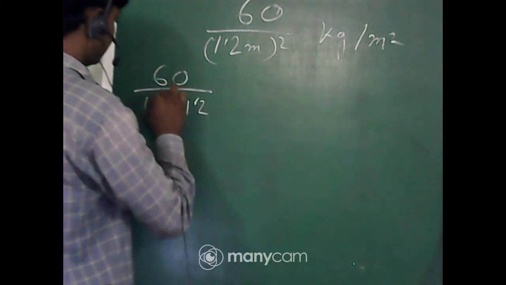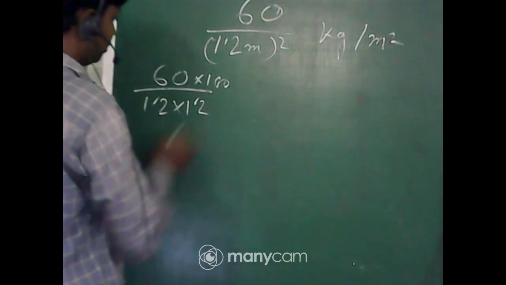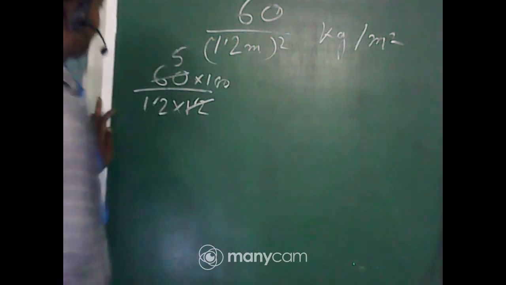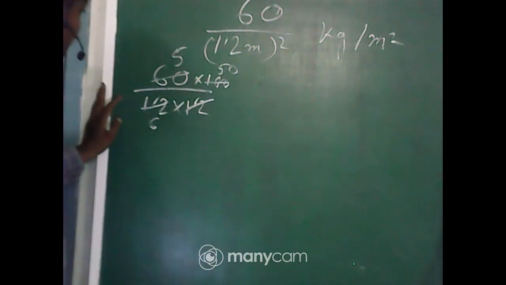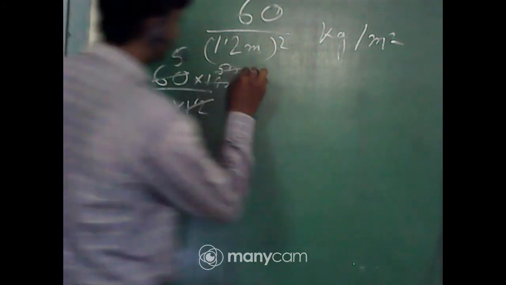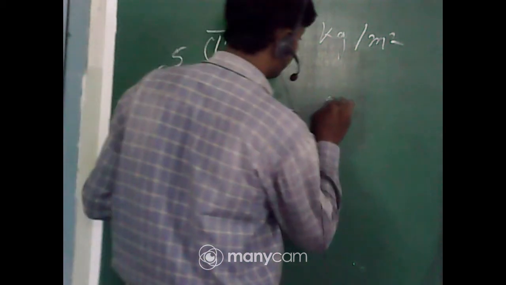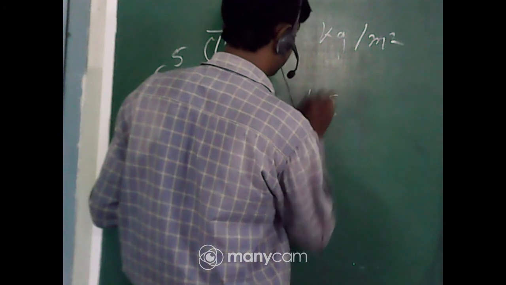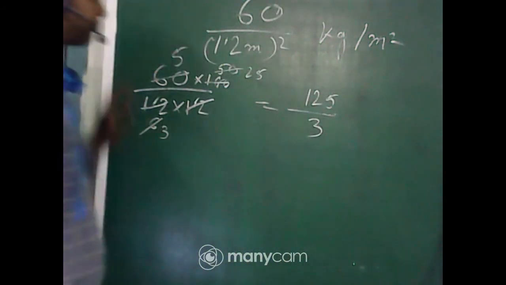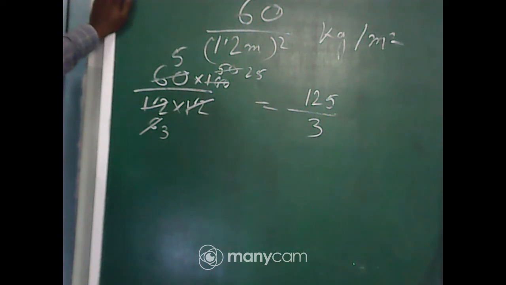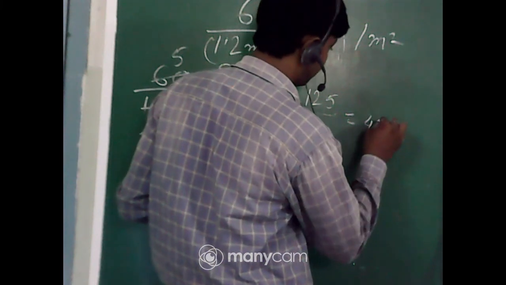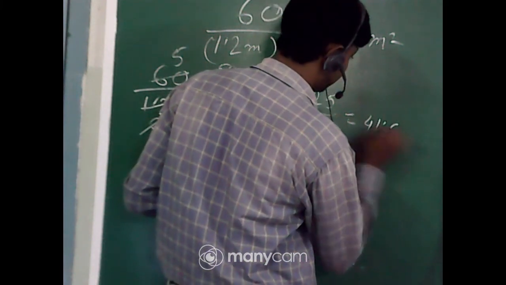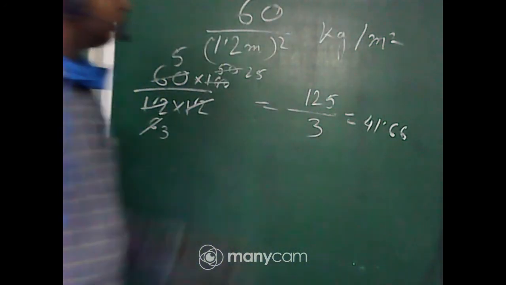If we get 125 by 3 and calculate this, we get 41.66.